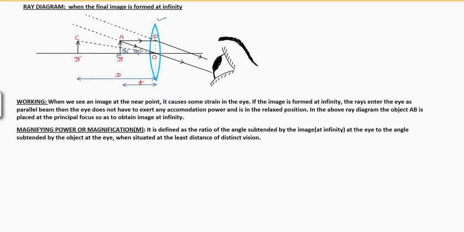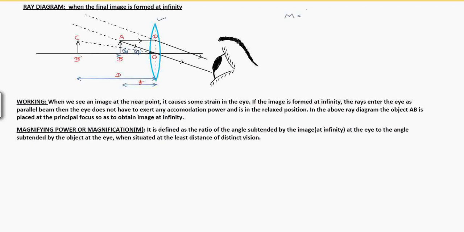Here, theta I is the angle subtended by the image at the eye and theta O is the angle subtended by the object at the eye situated at the least distance of distinct vision. So let us find the magnification now.